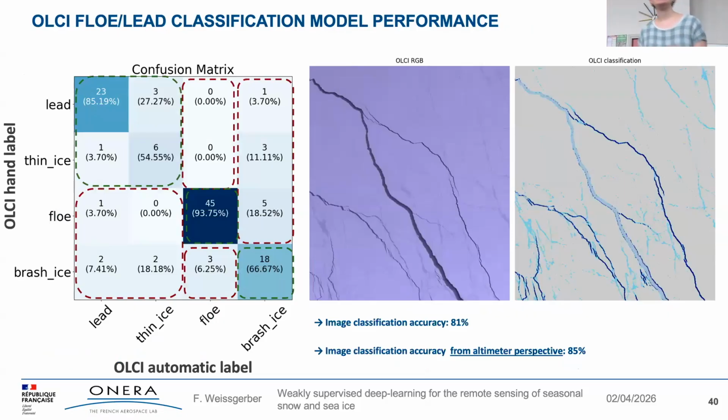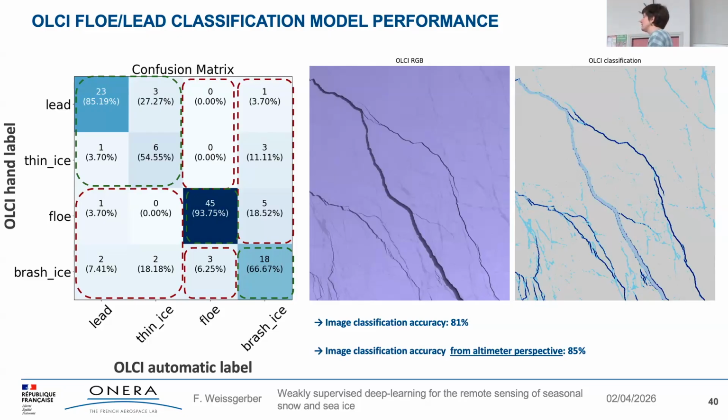If you look at an image, we can see that it's not too bad. We have the leads that are sometimes well-defined. Here we have frozen leads, so it's okay. You have brash ice at some point that shouldn't be there, but it's hard for such a small network to do anything. So the image classification accuracy relative to altimetry is 81%.